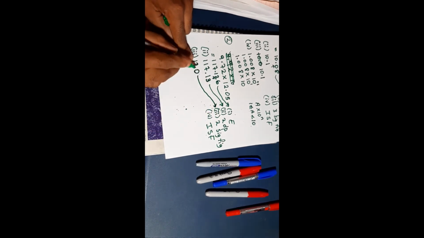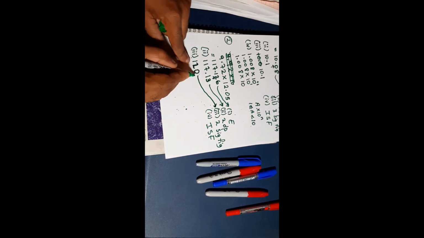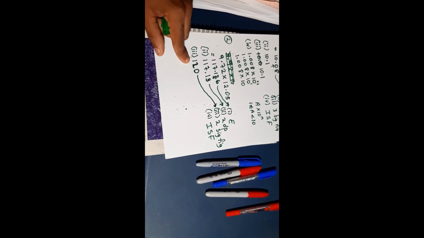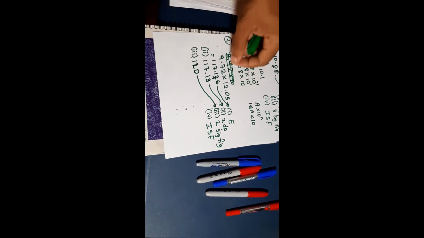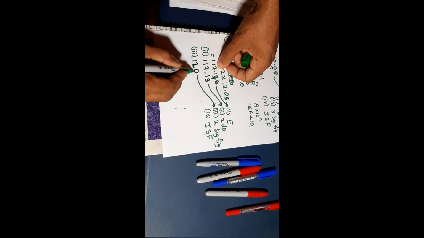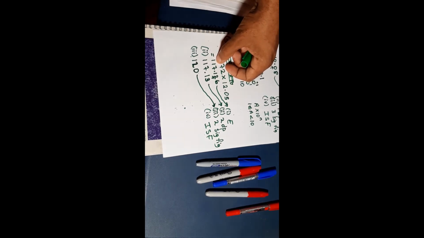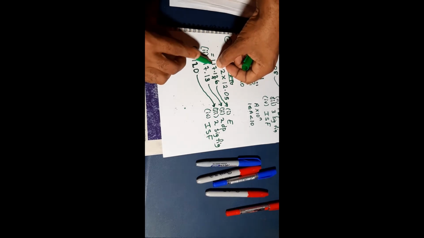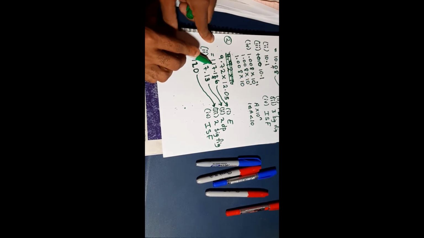Remember, when we have a 0 in the number that follows a non-zero number, and it doesn't have a decimal point, we would not consider it to be a significant figure. So remember, 117. If we need 2 significant figures, the answer would be 120. Remember, the 1 falls in the first significant figure position. The next one that follows falls in the second significant figure position.